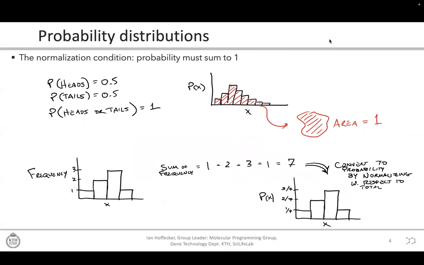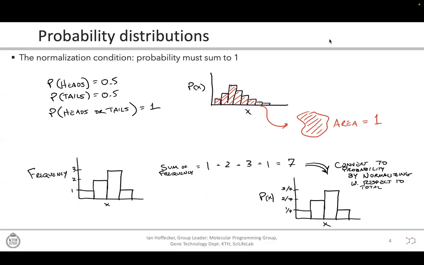And so what we've done here is we've created a probability distribution. A probability distribution is a kind of theoretical idea, or an ideal distribution, that is distinct from, say, a frequency distribution of data or a histogram of data, because in this case, this is the frequency distribution of possible events.